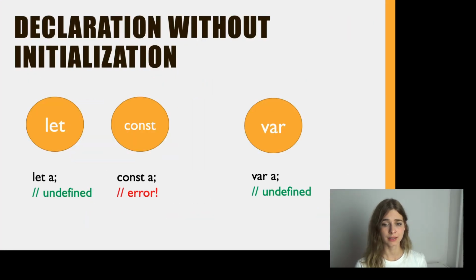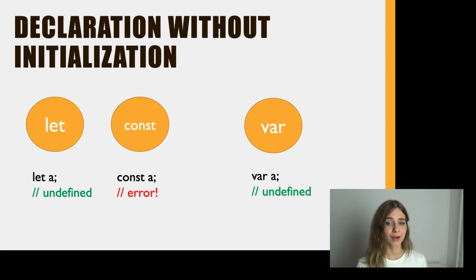Declaration without initialization. Well, you can't declare const without a value, because let and var both get automatically assigned a value of undefined if you don't give it a value. But if const a would automatically be assigned a value of undefined, that undefined would stick with it forever, because we cannot reassign a new value.